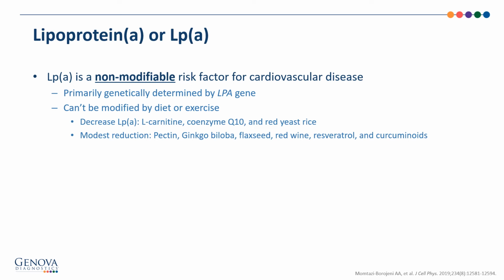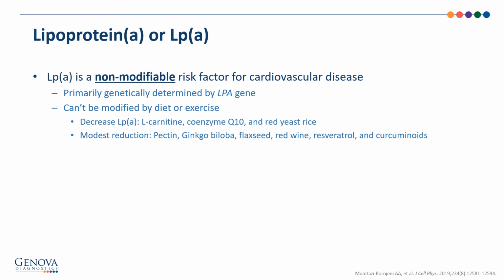What's very unique about Lp(a) is that unlike your other cardiac risk factors, it cannot be modified by diet or exercise. So this is actually a genetically predetermined marker by the LPA gene. It can fluctuate at menopause and with kidney disease because basically your kidneys are responsible for Lp(a) clearance, but for the most part, it's pretty non-modifiable.